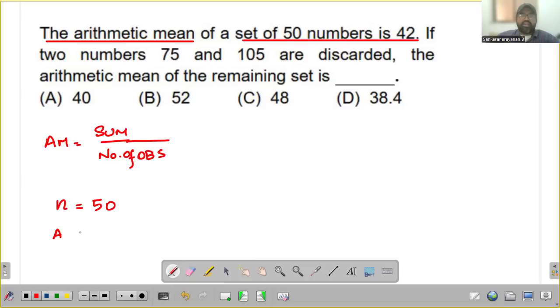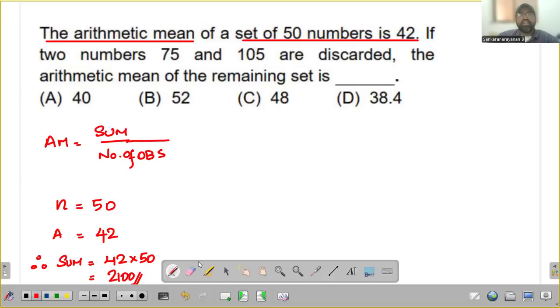The arithmetic mean is equal to 42. So from this, I can find out the sum of all those 50 numbers. Sum is equal to average into number of observations. That will be 42 into 50, that is equal to 2100.